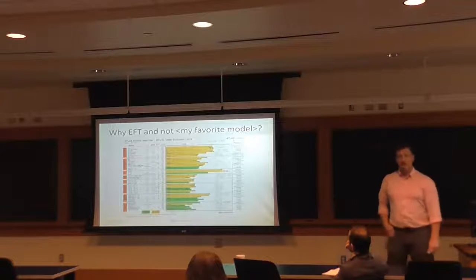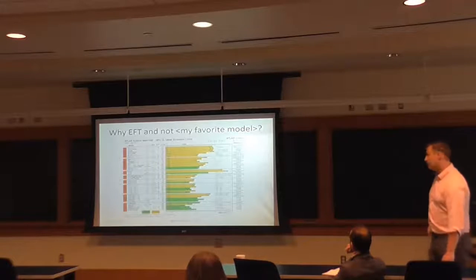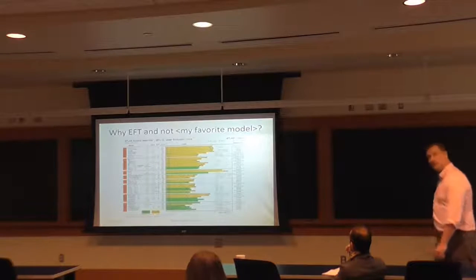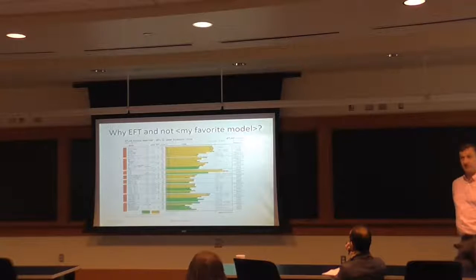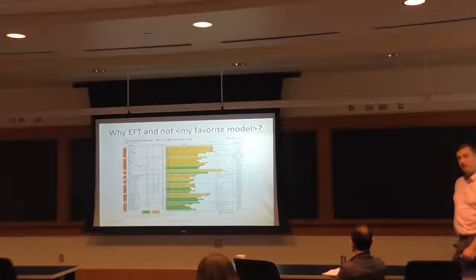And those bounds are now pretty strong. And those bounds are now comparable to the discovery reach for the long-term future of the LHC for those things they've already searched for. So it's now not so exciting to search for my favorite model as it is to say, well, what can I learn from the sum totality of this data?